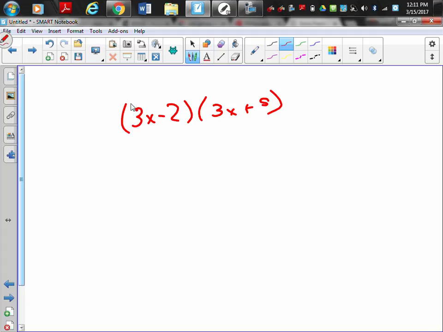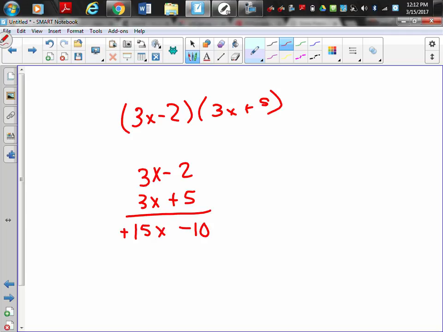So I said to do 3x minus 2 and 3x plus 5 on top of each other and multiply just like you would do normal 2 by 2 multiplication. 5 times negative 2 was negative 10. 5 times 3x, 15x, and that's a positive.